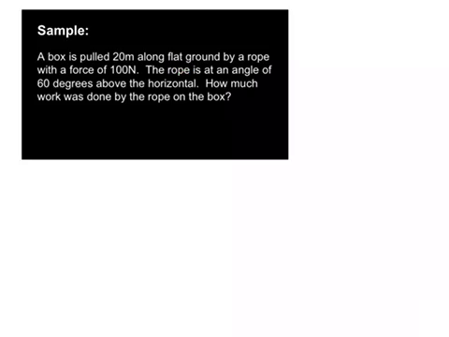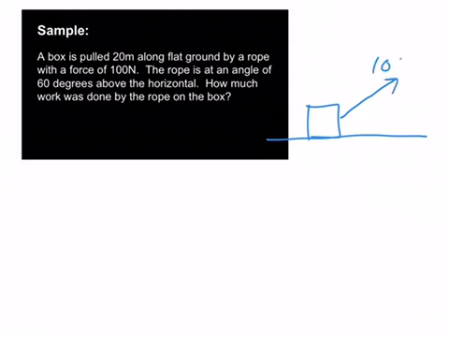So here's a sample problem. A box is being pulled along flat ground. So we have a box, flat ground, and it's being pulled by a rope, and there's 100 newtons of force, and it goes 20 meters, and it says that the angle between the force and the horizontal, which is the way that it's going to go, is 60 degrees.